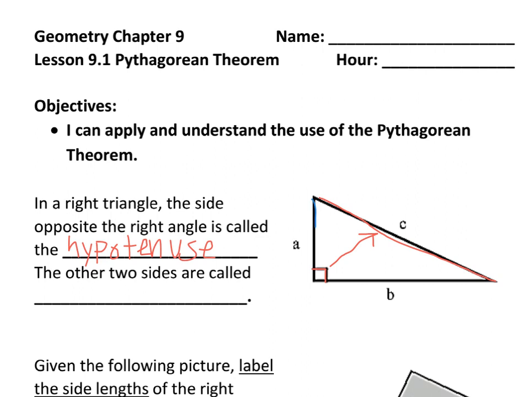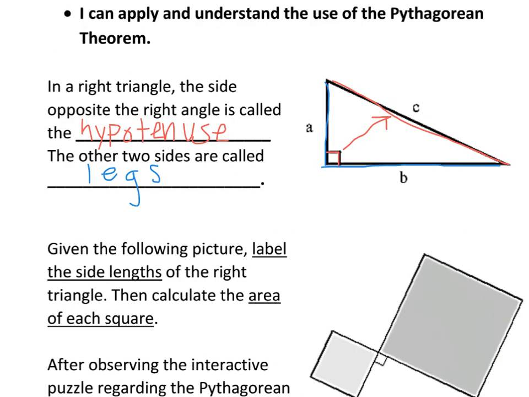The other two sides, which we have labeled as A and B, are called legs. We are going to learn a theorem today that describes a relationship in a right triangle between the three sides of that triangle.